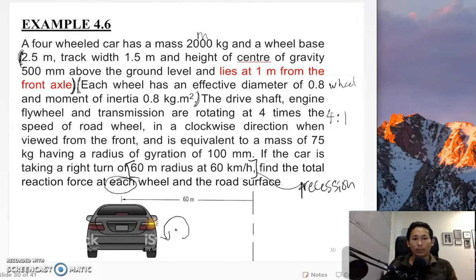So we need to use our right hand rule. From the figure also, we can show it, I just draw a simple sketch.